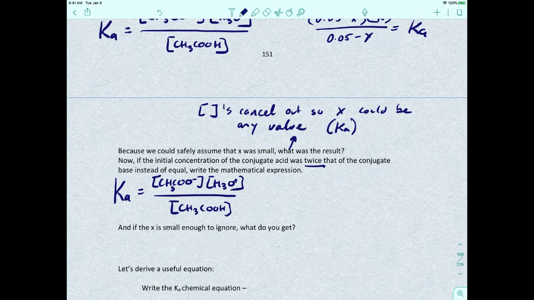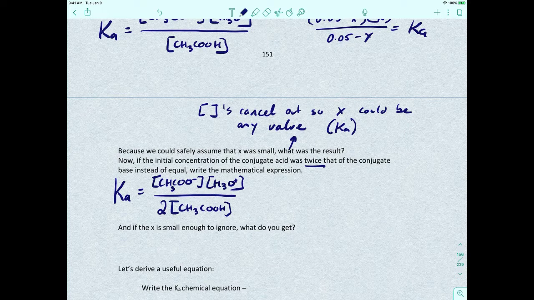What I'm trying to say in this problem is, instead of having equal amounts of the weak acid and its conjugate base, what if you had double the amount of the acid, twice the amount of the acetic acid?